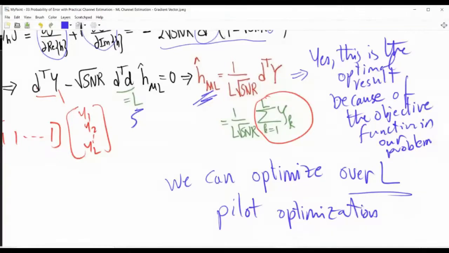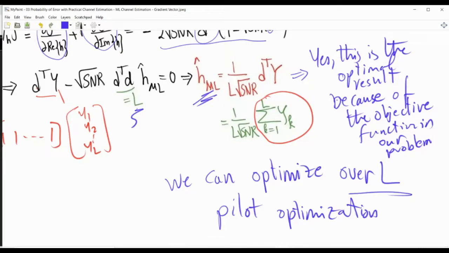Again, why do we have an optimal number of pilots? What is the intuition? On the one hand, as we will see, if you increase the number of pilots, you have a better estimate for the channel gain, and you have better detection performance. But on the other hand, you are reducing the transmission rate because you are transmitting symbols carrying no information. So you may think that there is a sweet spot.